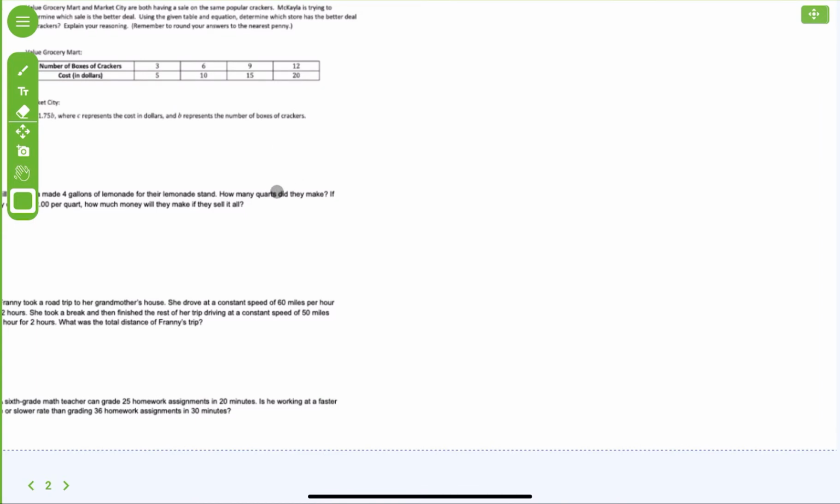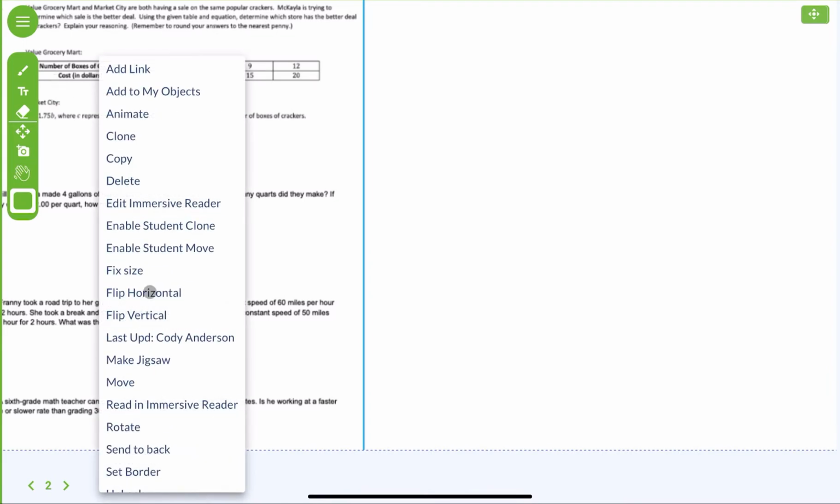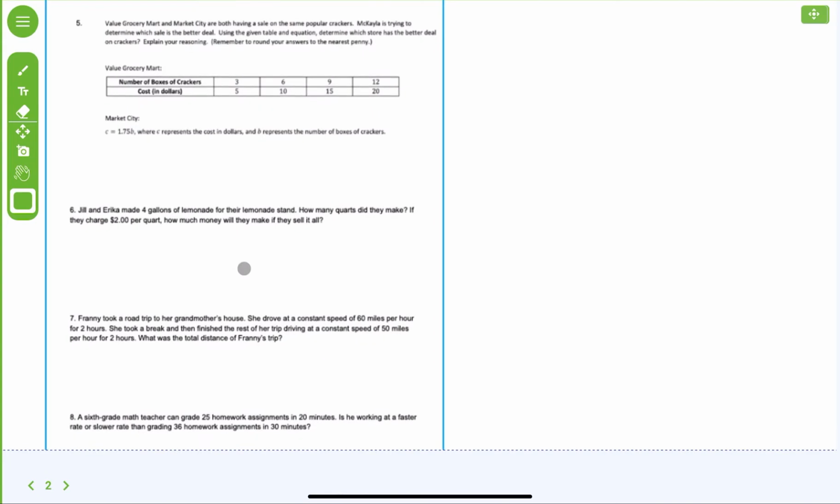Michaela is trying to determine which sale is a better deal. Using the given table and the equation, determine which store has the better deal of crackers. Explain your reasoning and remember that you round your answer to the nearest penny. All right. Move this over just a little bit so we can see it here.